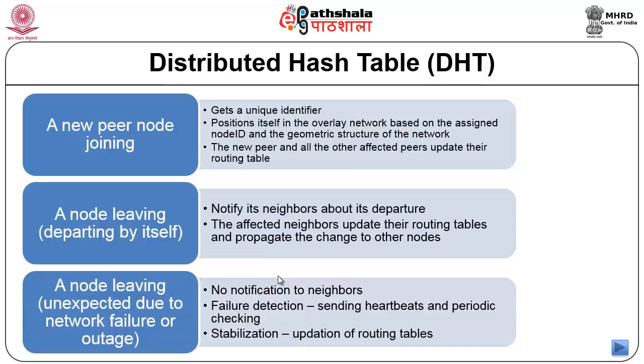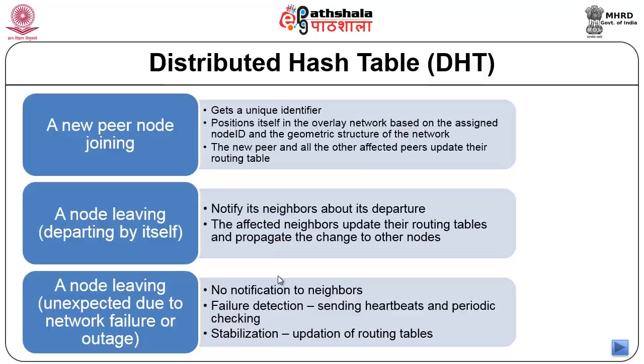What happens when there is no premeditated leaving? It suddenly fails, a node fails and leaves. So no notification is possible. So nobody is really aware that a node has failed. So in that case, the failure has to be detected.